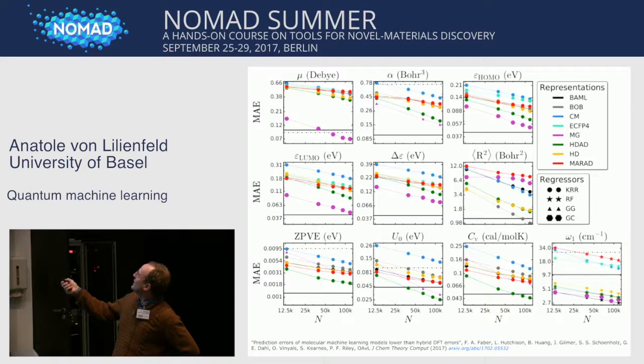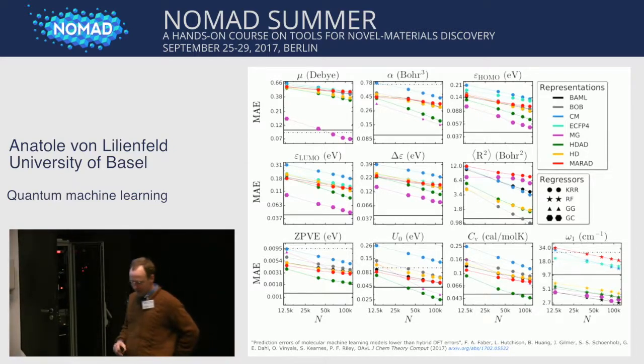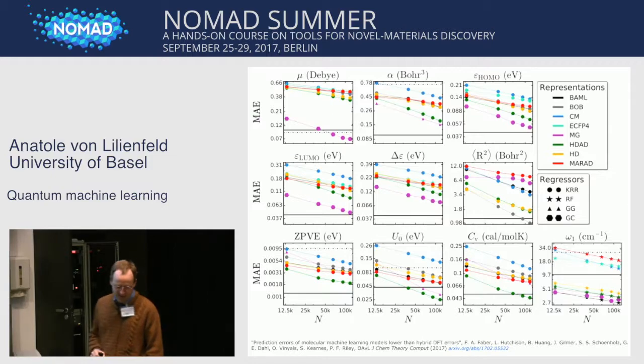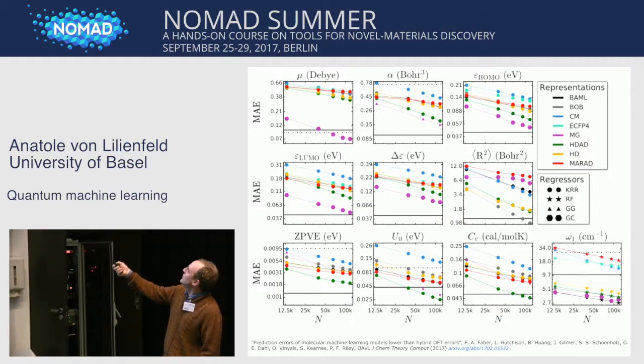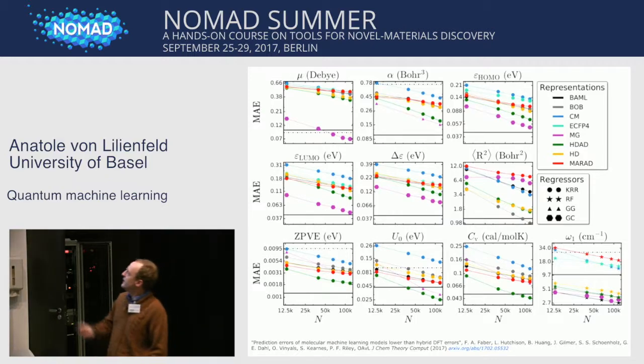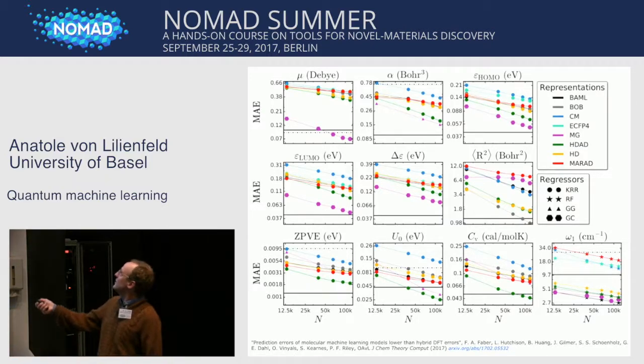They want to apply this to materials and chemistry. So what you see here are various regressors. KRR is kernel ridge regression, then random forest, and GG and GC are convolutional neural nets, so this is what goes as deep learning. And here you have various representations of the molecules, and these are results on these 134,000 organic molecules.